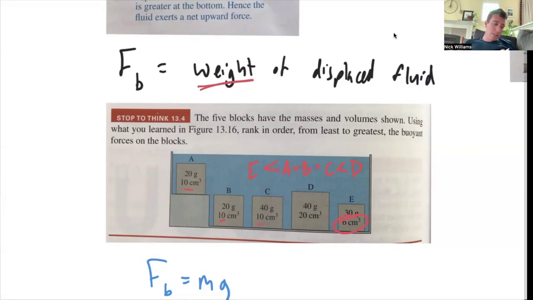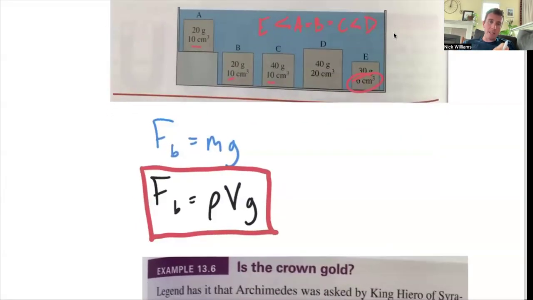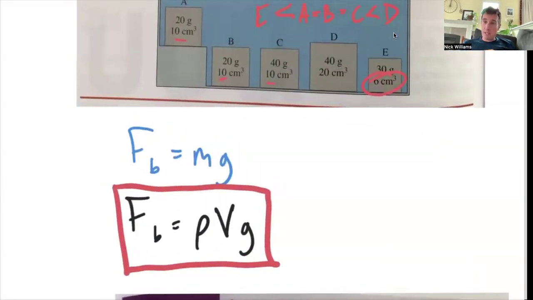Okay, so let's use an equation for buoyancy. The force of buoyancy is equal to the mass of the water or of the fluid times the gravity.